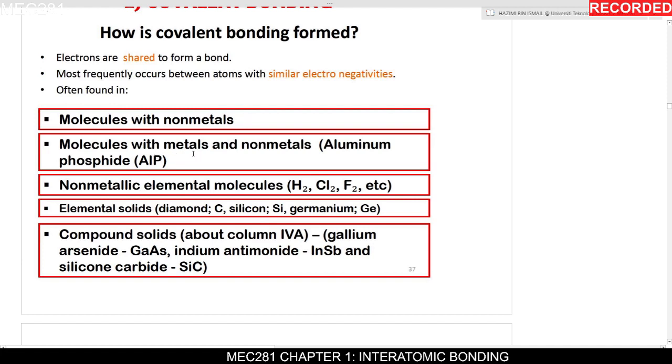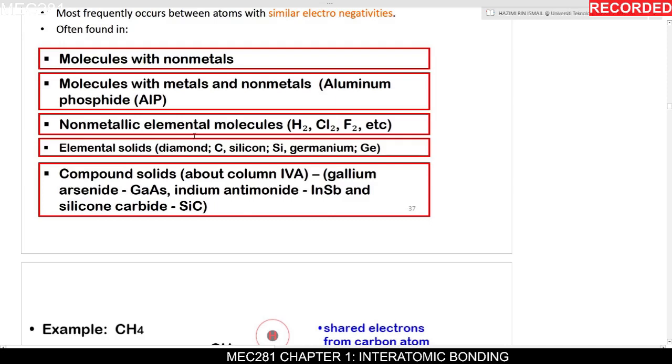Molecules with metals and non-metals, for example aluminum phosphide. Non-metal elemental molecules such as hydrogen, chlorine, fluorine, and so on. Elemental solids: diamond, carbon, silicon, germanium, and so on. Compound solids are about column 14.